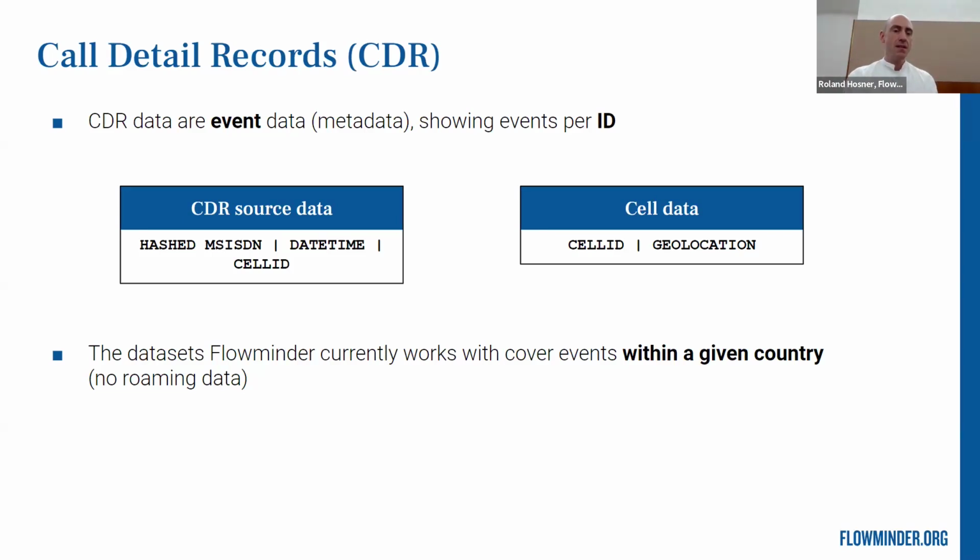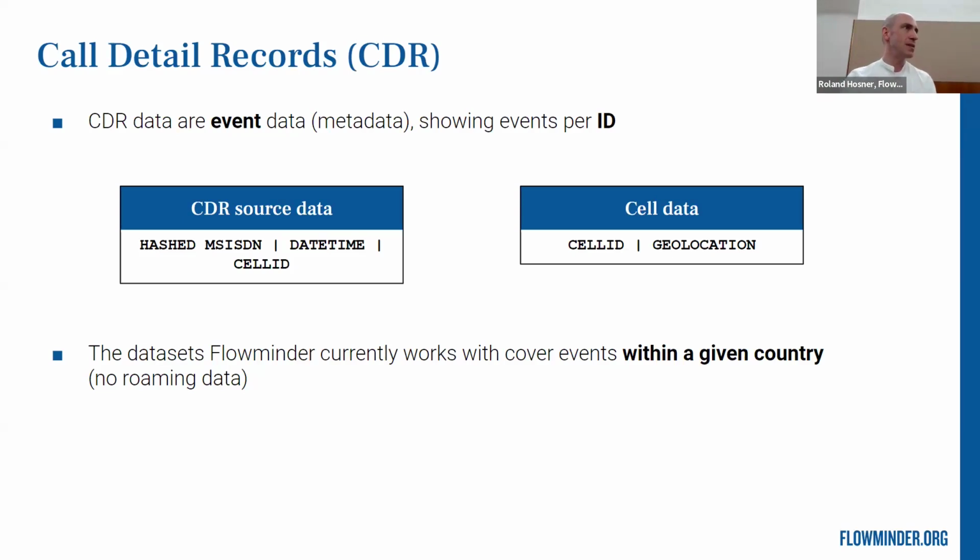And with these data, the first transformation is from event data to ID data, to sum it up per ID. And then we usually also try to get the event type, the volume of the call, the SMS, or the mobile data session, and then map these geolocations of the cells to a map usually of admin areas in the country.